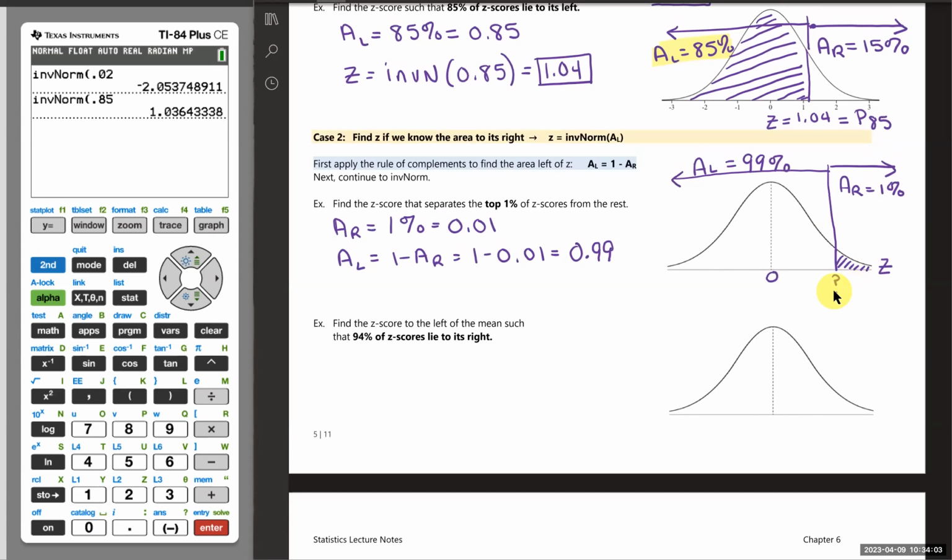So if they don't give me the area left, if they give you area right, well, find the area left and then inverse norm. And that is basically all you need to remember. Inverse norm, area to your left.